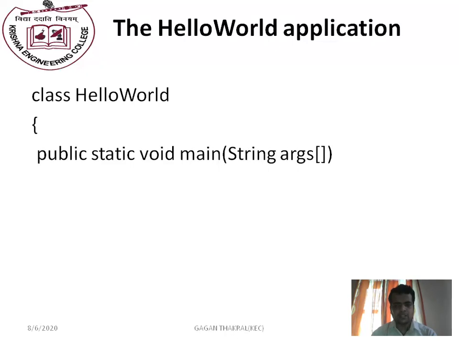If somebody passes command line arguments, they will be stored automatically in this string type array args. It is not mandatory that the name of the array should be args. It can be user defined. We can define it as A, B, C, X, Y, Z, or args.